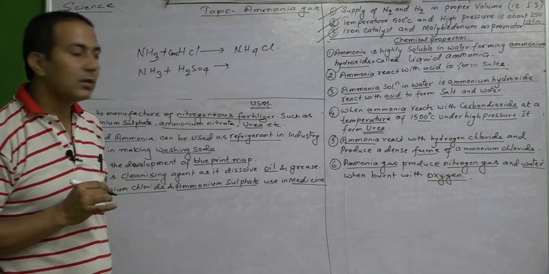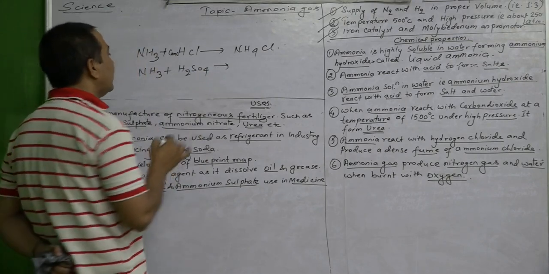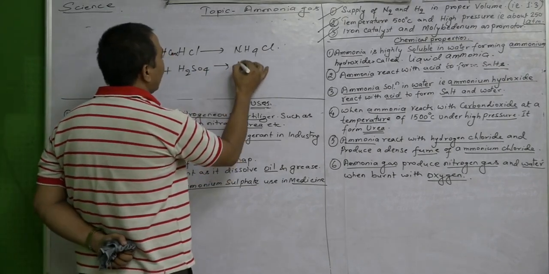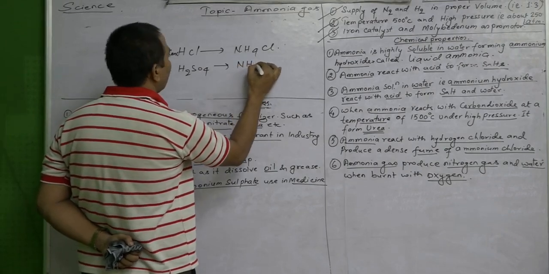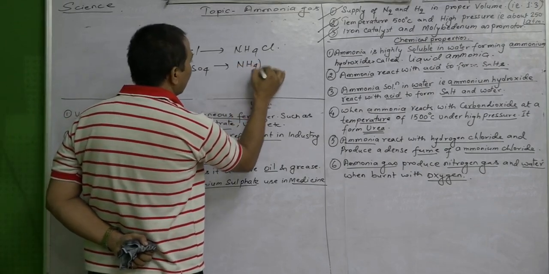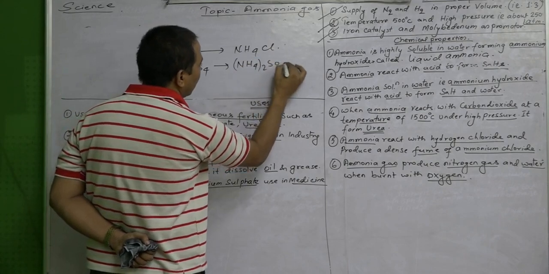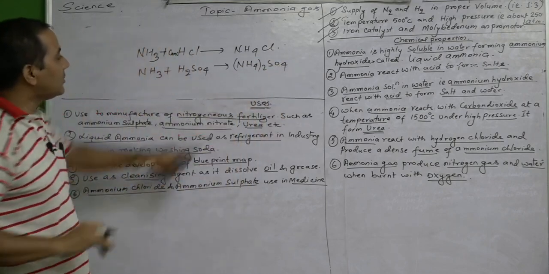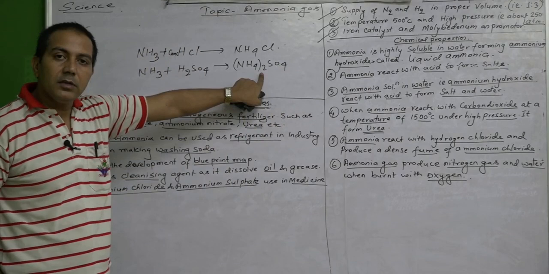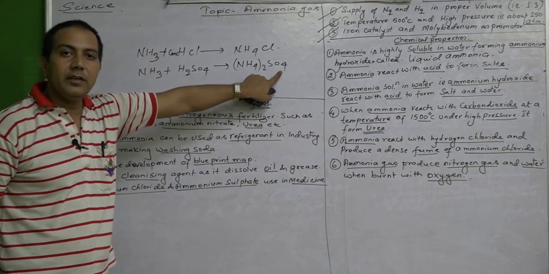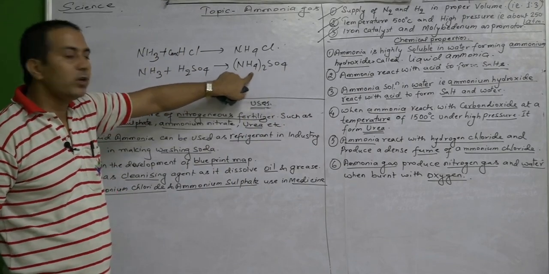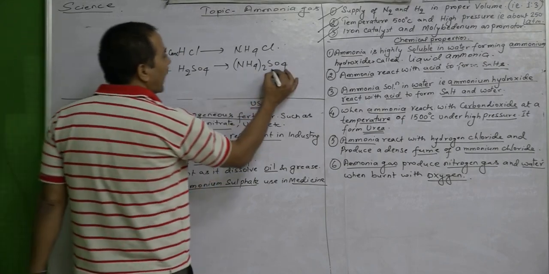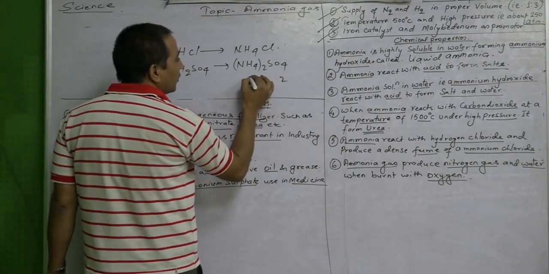Or if ammonia reacts with hydrogen sulfate, then what happens? It will produce a salt. What is the salt? That is (NH4)2SO4. Why this 2? Because the valency of sulfate is 2, whereas ammonium is 1.